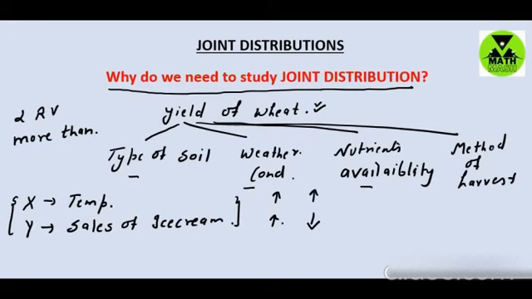We may wish to study these types of questions, or we may wish to find out what is the average sales of ice cream at a specific temperature, say at a temperature of 45 degrees Celsius. So these questions can be answered with the concept of joint distribution.